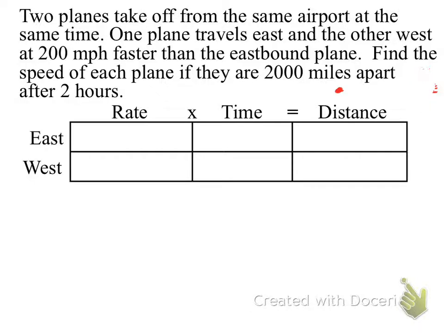So my east is going to be to the right. And we know that he is going a shorter distance. So we'll call him the east. And then I'm going to make this one a little bit longer. We'll call him the west. Okay. Now, all together, what do we know? Mary. That the C, which is how far apart they are, is 2,000 miles. That's 2,000.